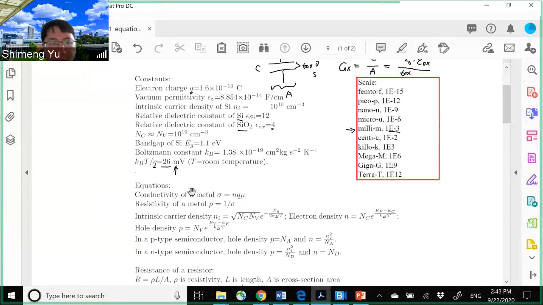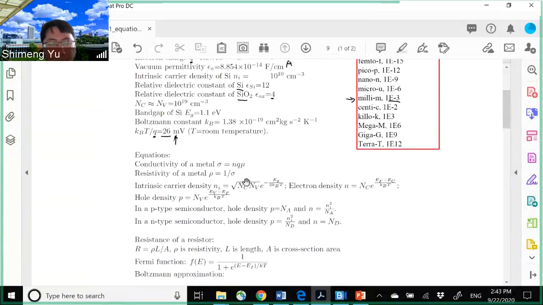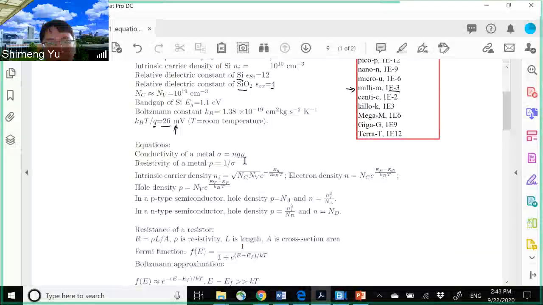Okay, and then the equations for the conductivity of the metal, like sigma equals N Q mu. N is the electron density in the metal, Q is its charge, and mu is the mobility. We may give you the mobility of the metal if needed. And the resistivity of metal, rho, is 1 over sigma.